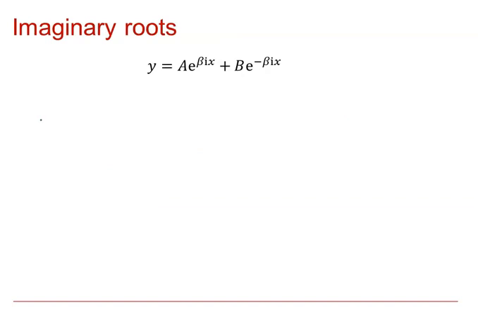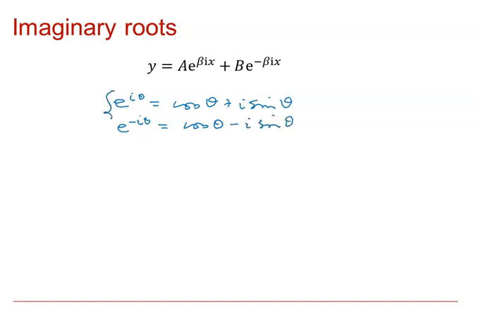So just to have a look at how we got from this general solution to the alternative general solution, we have seen that e to the i theta can be written as cos theta plus i sine theta, and e to the minus i theta can be written as cos theta minus i sine theta.